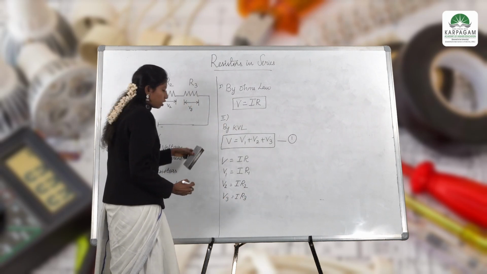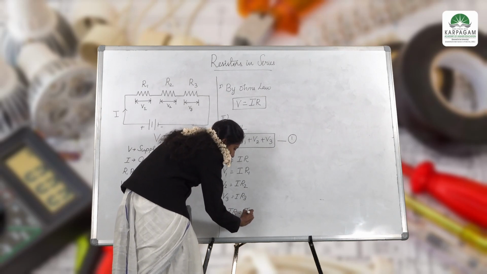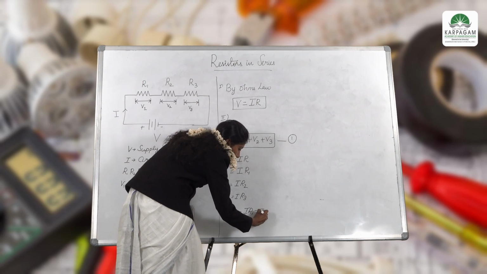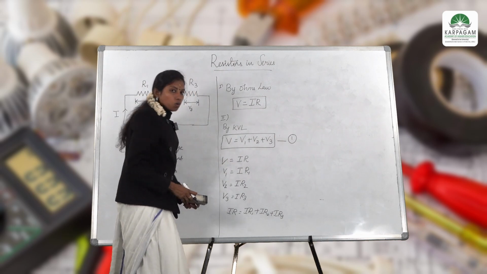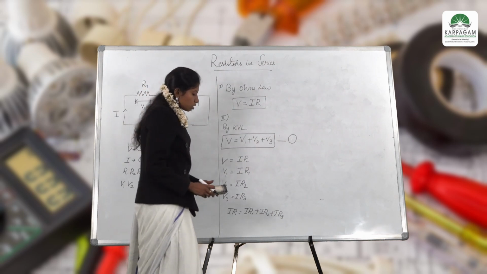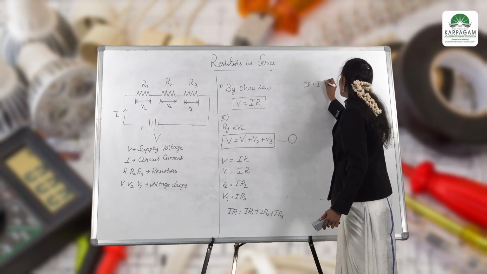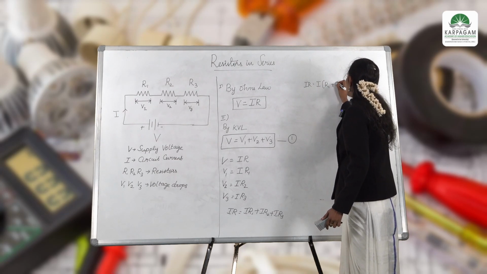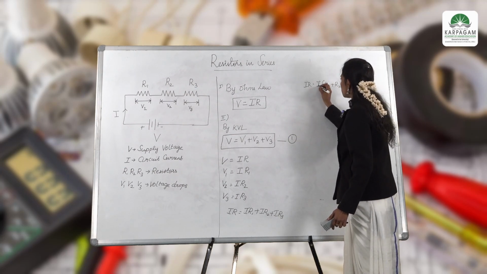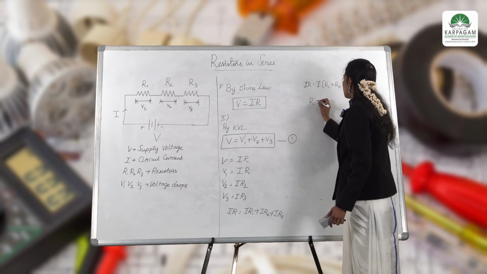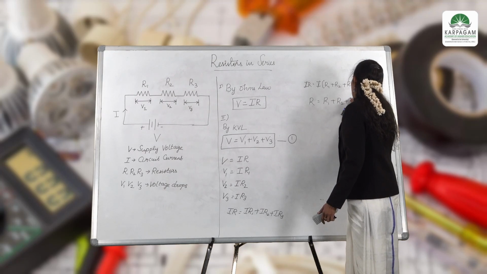Combining this we get I into R equal to I into R1 plus I into R2 plus I into R3. I am taking this current value as common outside. So IR will be equal to I into (R1 plus R2 plus R3). Both sides have the same I, so strike it out. So the value of resistor R will be equal to R1 plus R2 plus R3.